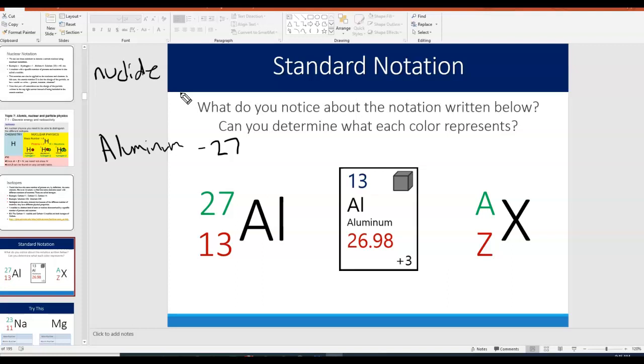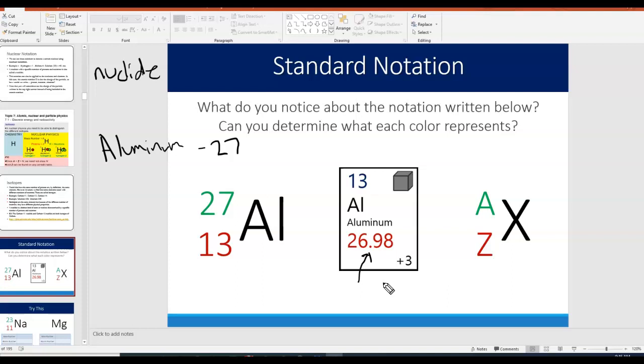And just to clarify something important, on a periodic table, you might see something like this. This number right here represents the weighted atomic mass of that atom, and the reason it's weighted is, well, it's not that important. It's more of a chemistry thing, but just because there's different isotopes of aluminum, and each isotope of aluminum has a different mass.